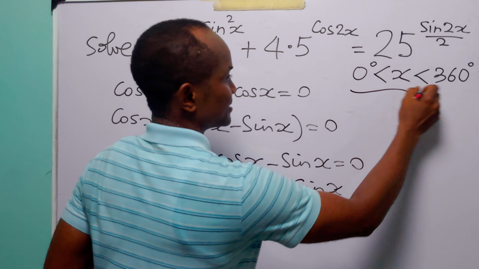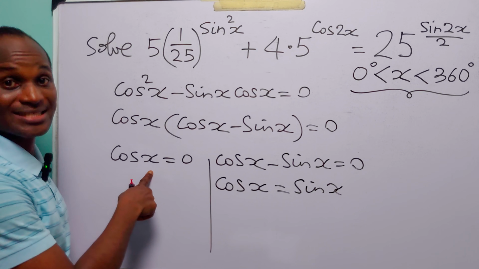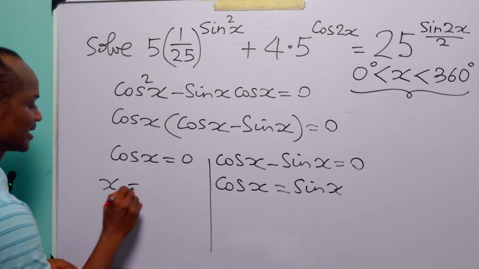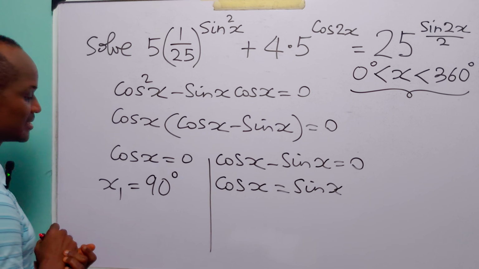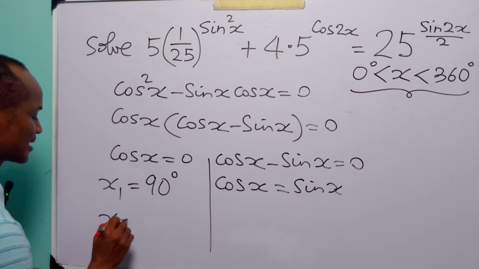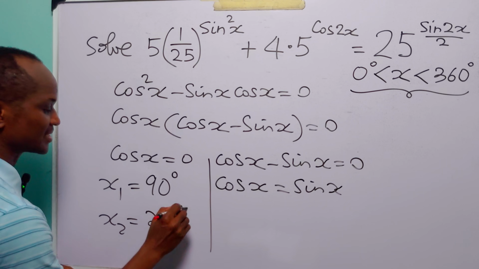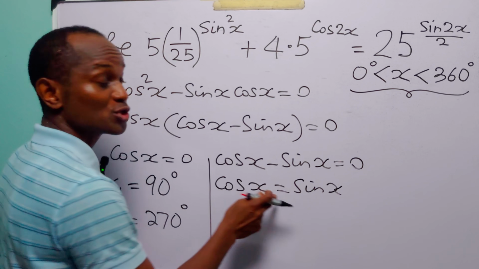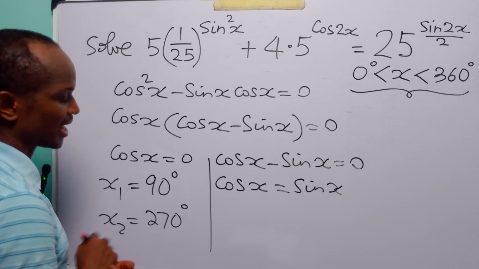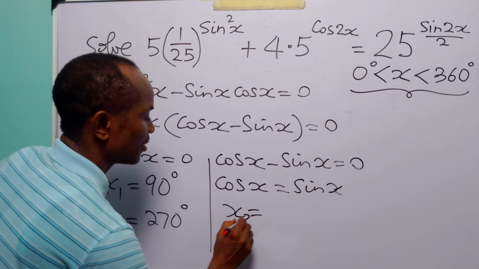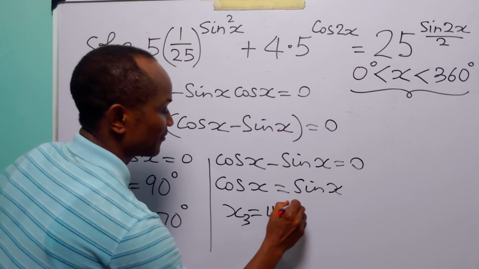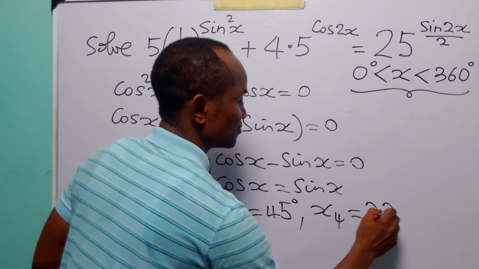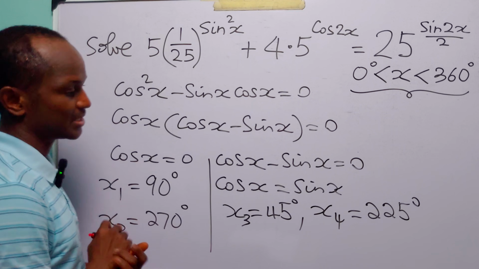Now, within this range, the values of x that satisfy cos x equal to 0 are x equal to 90 degrees and x equal to 270 degrees. And within this range, the values of x that satisfy cos x equal to sin x are x equal to 45 degrees and x equal to 225 degrees.